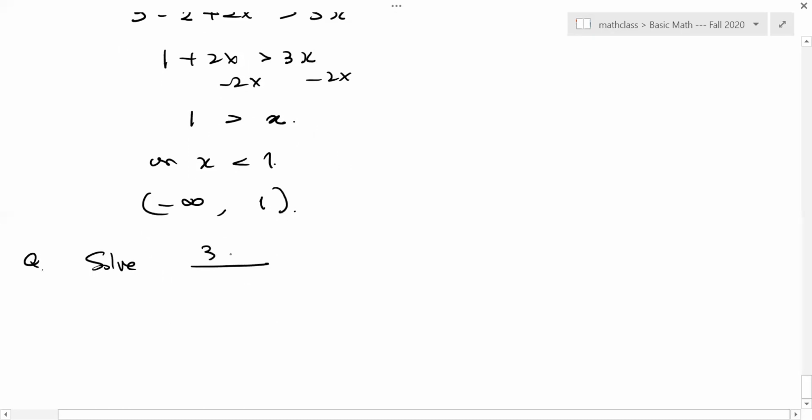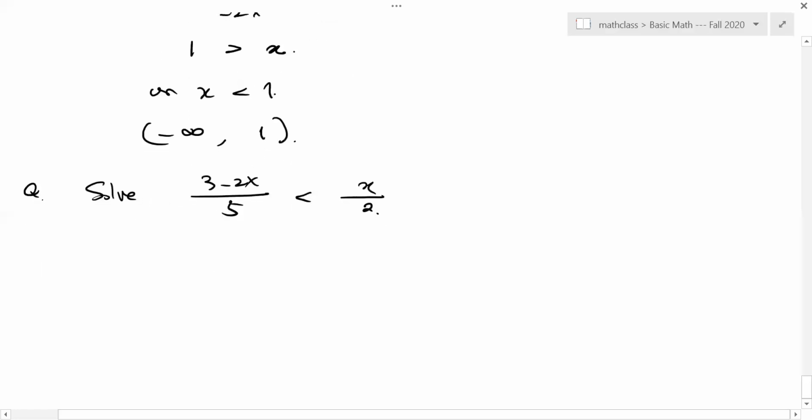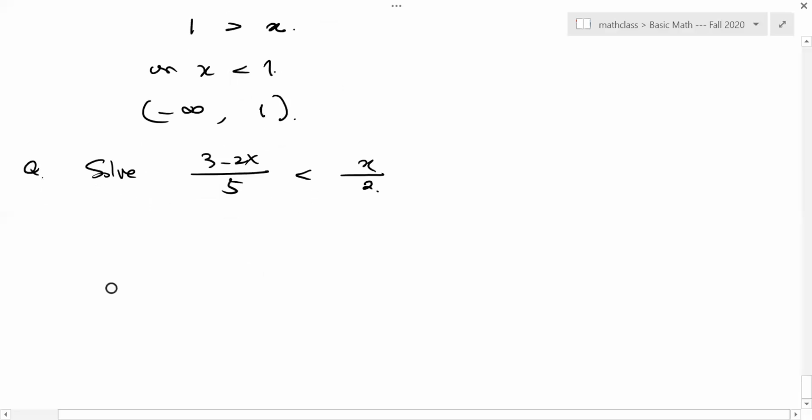Solve the inequality (3 minus 2x) divided by 5 less than x over 2. Please try solving this inequality.